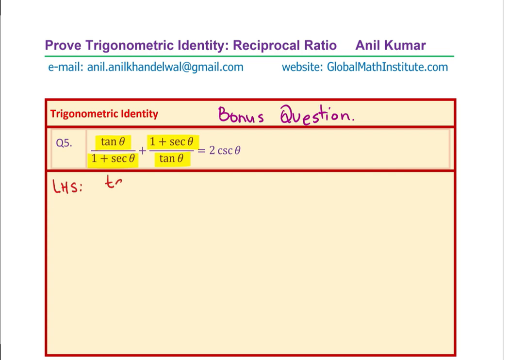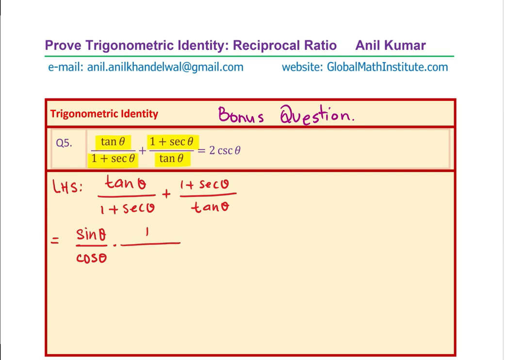We have tan theta over 1 plus secant theta plus 1 plus secant theta over tan theta. Writing them as sine and cos, we could write this as equal to tan theta is sine theta over cos theta, times 1 over, this expression is 1 plus 1 over cos theta.